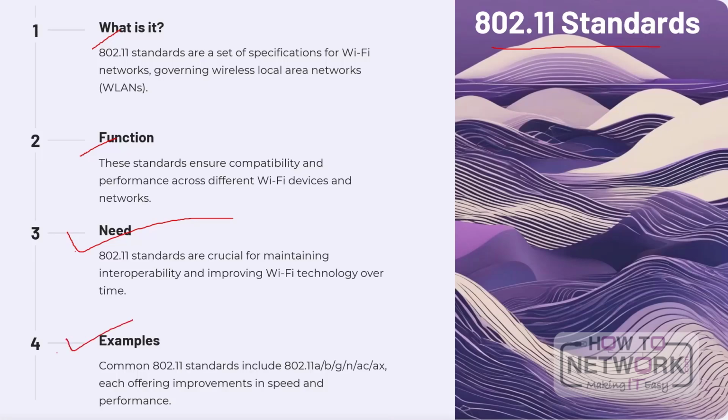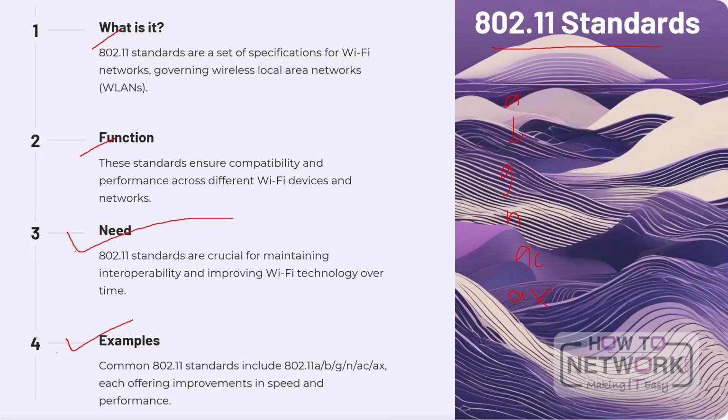Several widely used 802.11 standards exist, each offering different capabilities and performance characteristics. Some common examples include 802.11a, b, g, n, ac, and ax. And these standards have evolved over time, providing significant improvements in data transmission rates, coverage, and security.